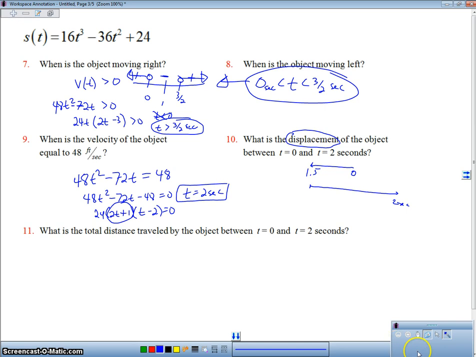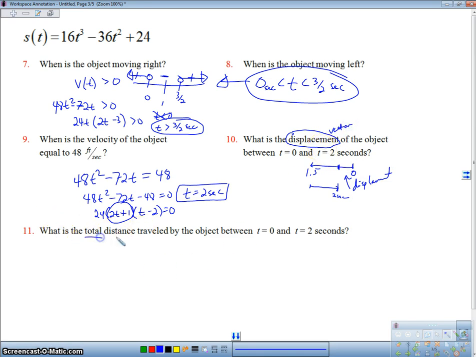Well, actually, I know kind of what this looks like, and it doesn't go this far. It goes right here, at 2 seconds. So the amount of space that I went, this is displacement. And that's a vector, so it can be both negative or positive.